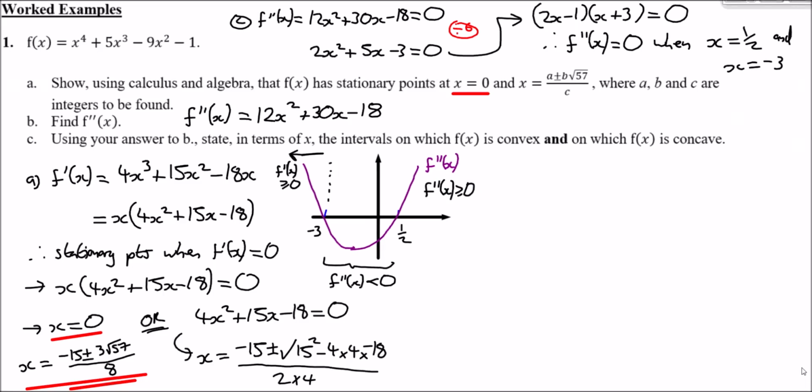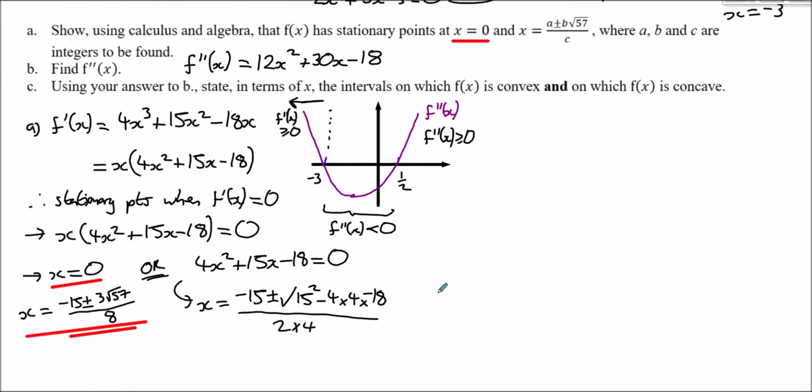So what this means is essentially there's 3 different parts. So using this little sketch, we can now answer part C essentially. So as long as you remember when it's concave and when a curve is convex. So for part C, it's going to be convex. We need to remember a curve is convex, caved in other words, convex is something like this. When the second derivative is positive, that's when it's caved in, when you have a minimum somewhere.